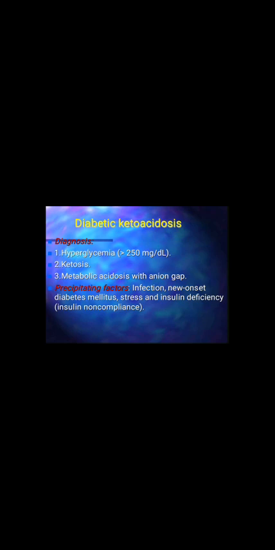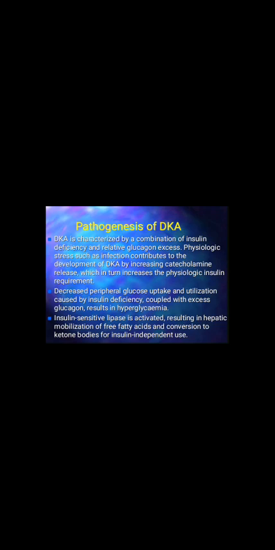So what is the pathogenesis of DKA? Basically, it's characterized by a combination of insulin deficiency and relative glucagon excess. So there is insulin deficiency, and similarly there is excess of glucagon in our system. The physiologic stress such as infection contributes to the development of DKA by increasing catecholamine release.